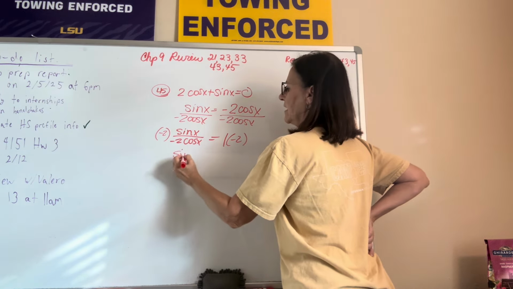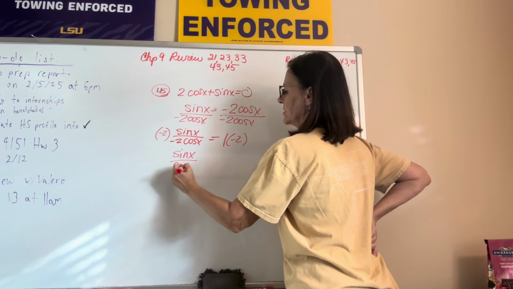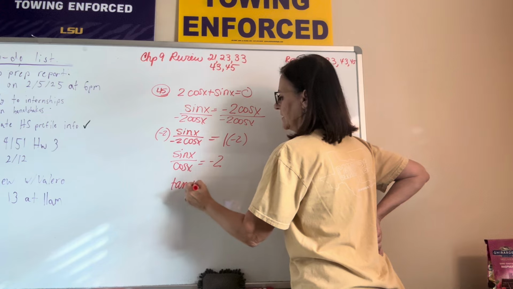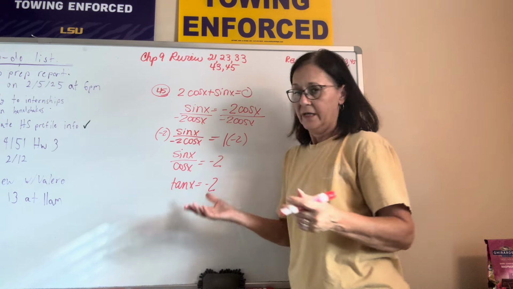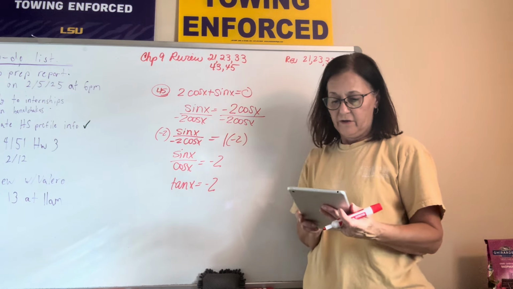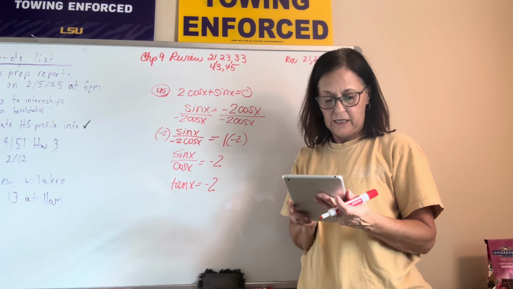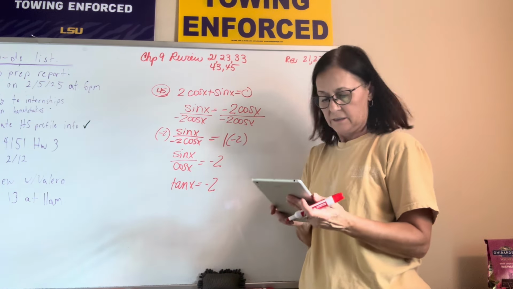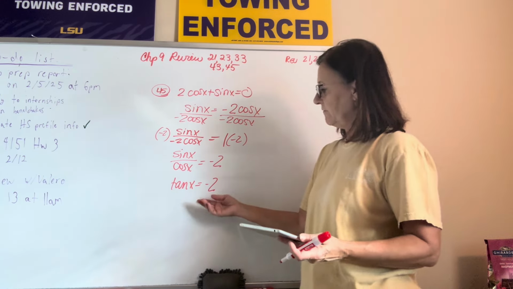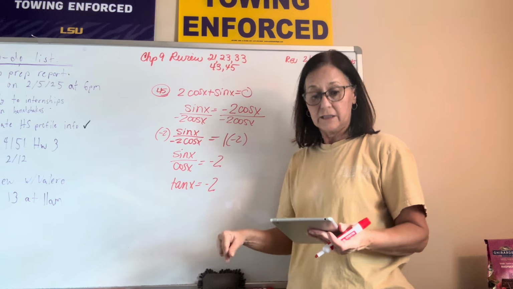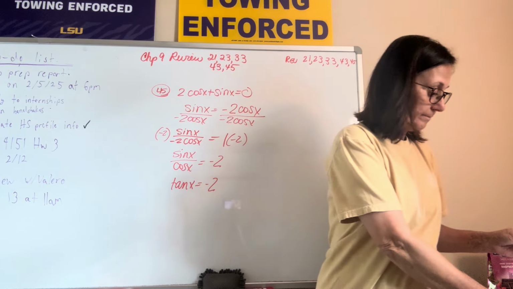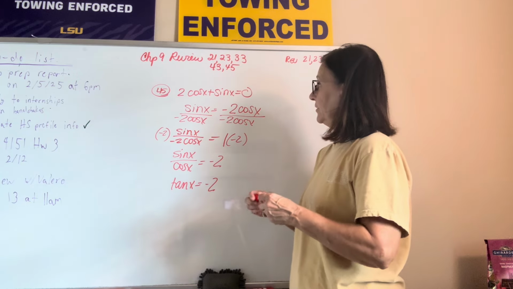So I have the sine x over cosine x is negative 2, or the tan of x is negative 2. And then I can use inverse to solve for that. I don't think you can get an exact solution. This is 45. Yeah, it's a decimal. So you do inverse tan negative 2 in your calculator. It's going to be in that fourth quadrant. And you can solve from there.